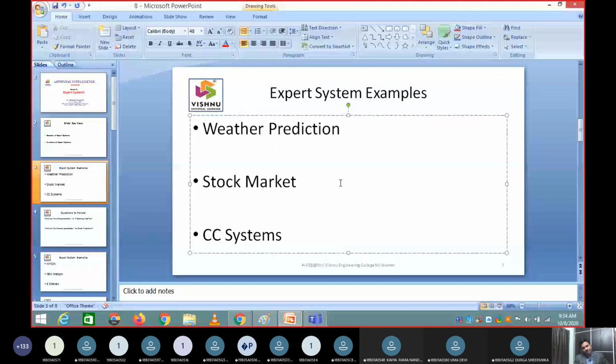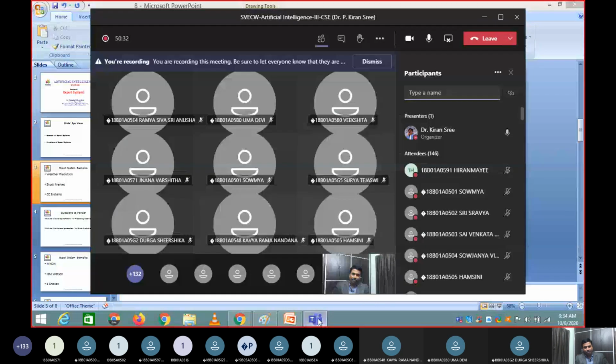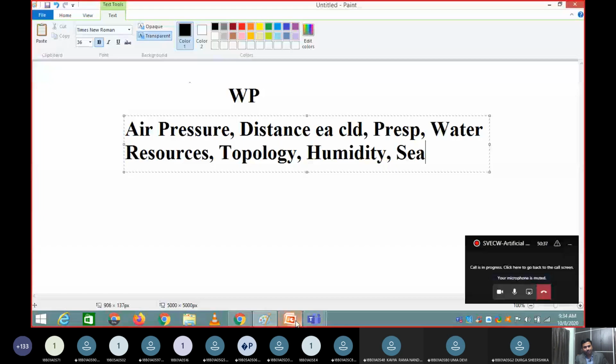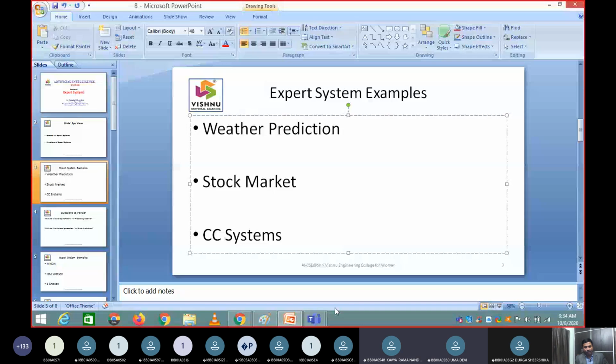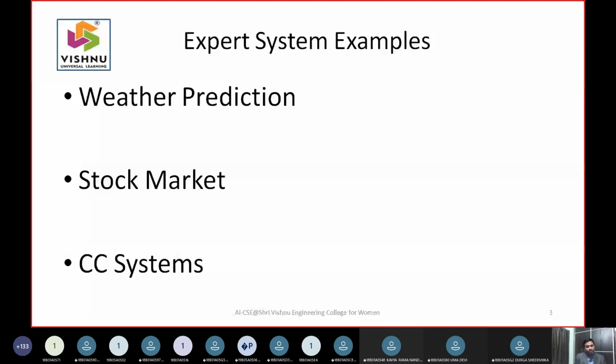At this moment, is there any demand for sanitizers? Is the demand for sanitizers increasing or decreased? Increased. Yes, the dynamic parameters that your stock market has to process are supply and demand.